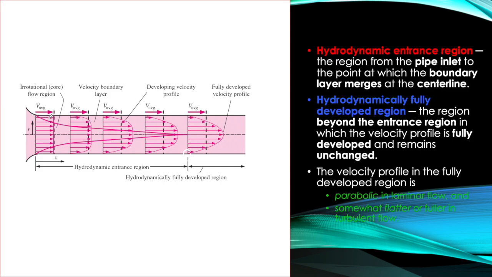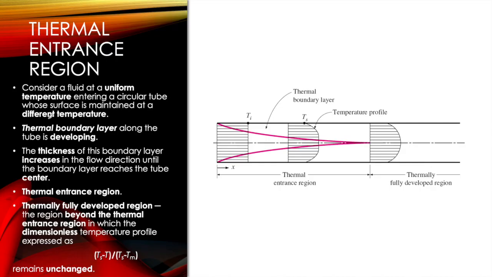But if we compare with the thermal entrance region, the temperature at the fluid layer will be the same as the surface, because at that layer the conduction process will occur, and then it will transfer the temperature or heat to the center of the pipe, and it will increase the temperature profile here as the x coordinate increases.